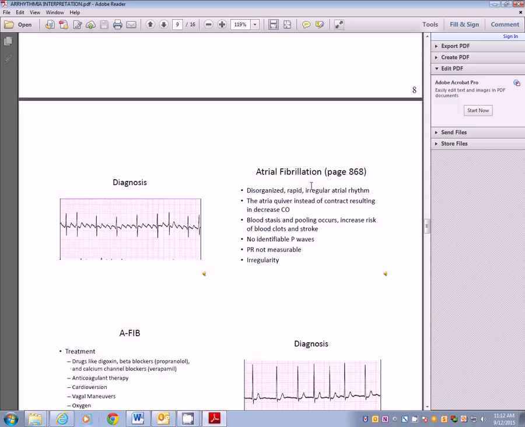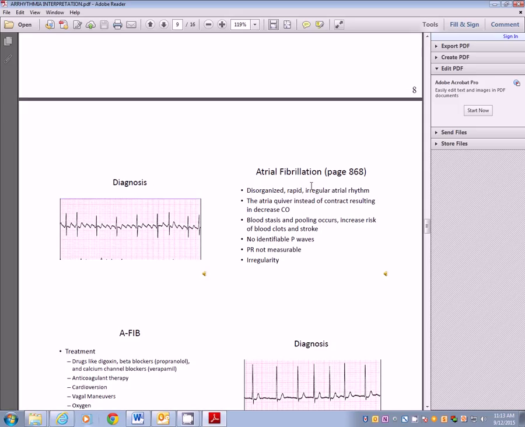Now, if you look down at the bottom, it goes over atrial fib. So how do I know the difference between atrial fib and atrial flutter? Well, atrial fib is not going to have the sawtooth appearance for one thing, and it's going to be irregular. The atria are just sitting there quivering instead of contracting, and as a result, that decreases cardiac output.